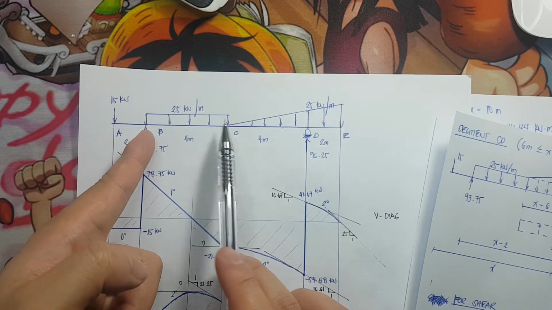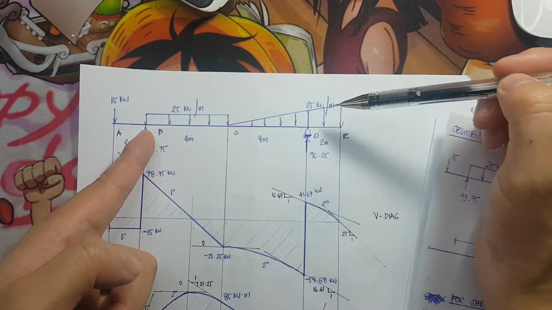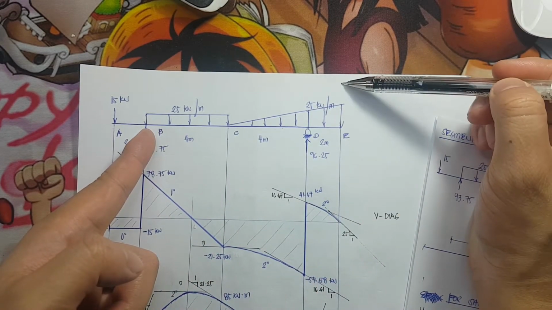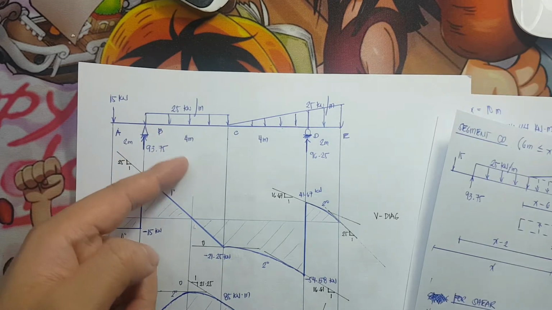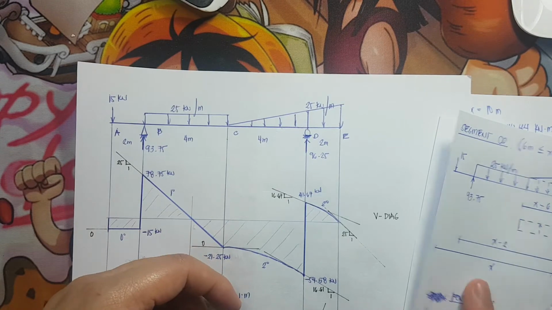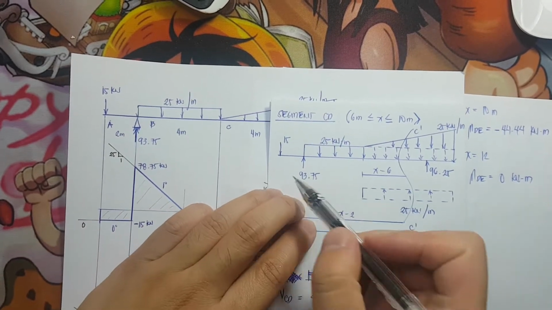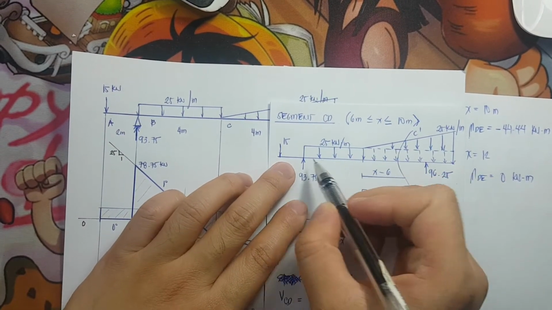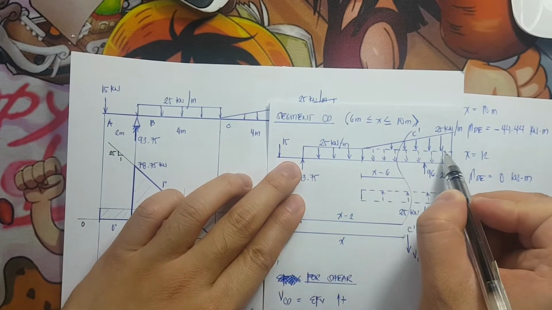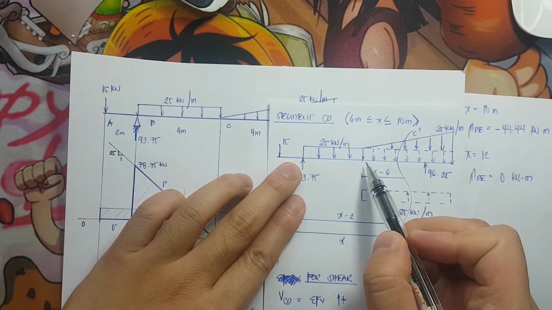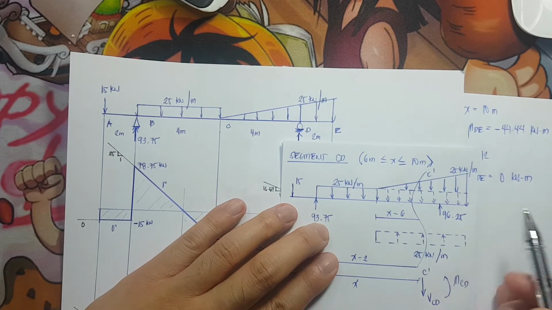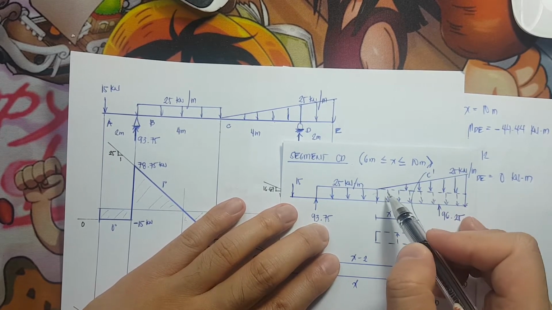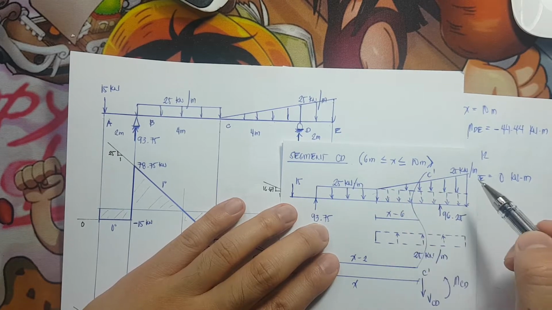Then we extend it again, and to get the value here, it is simply ratio and similar triangles. So here, I redrew the whole diagram, then extended the 25 kilonewton per meter from point C to point E. Then I simply copied my uniformly varying load.